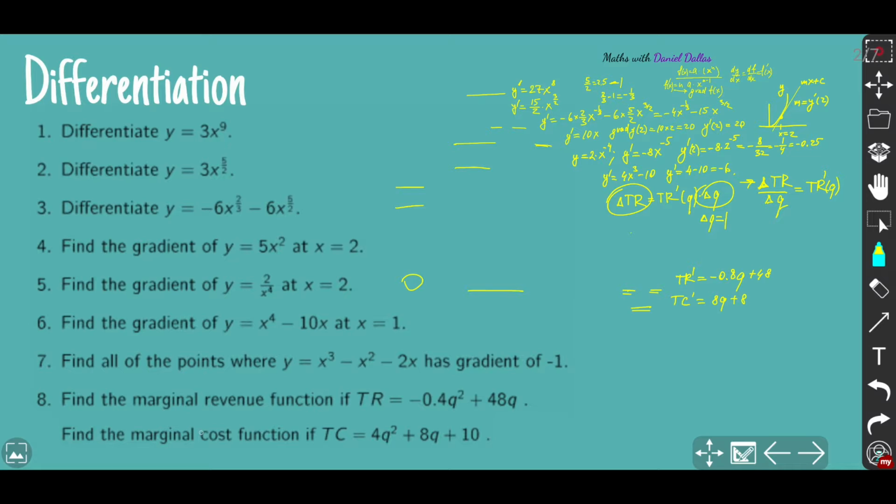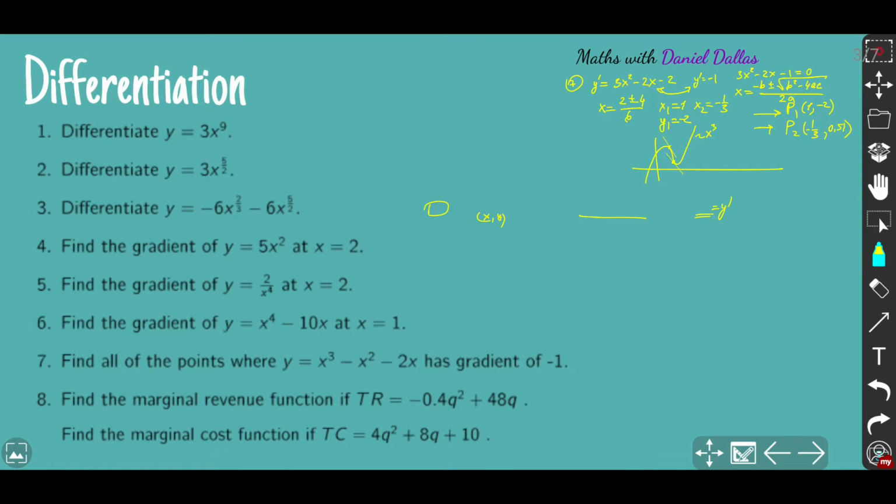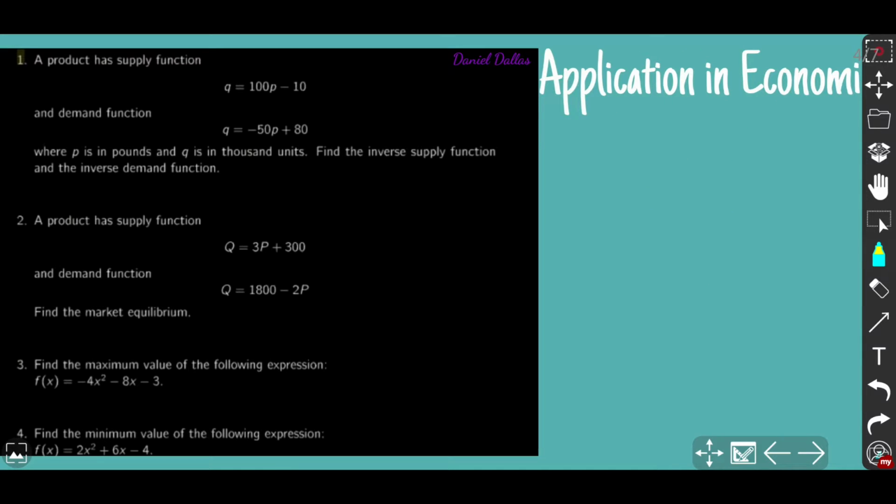That was a little rehearsal, so make sure you know the basics, all the rules of differentiation, and especially functions with two or more terms. Those are the key concepts, and the more testable function types. Okay, and we're going to go to the next episode where we apply that tool in economics.